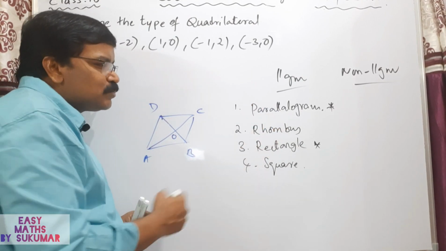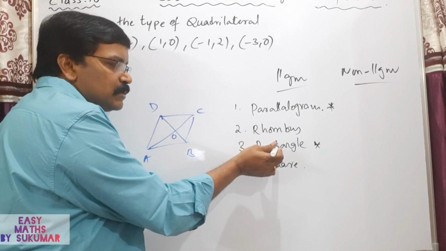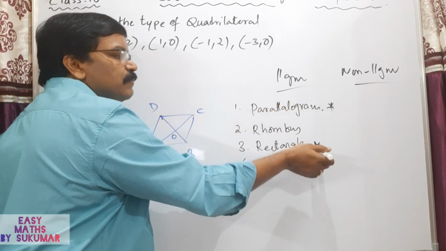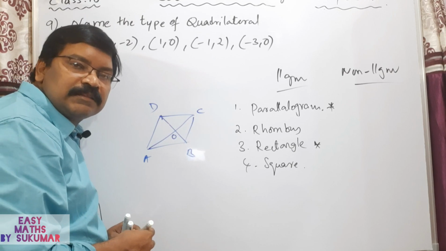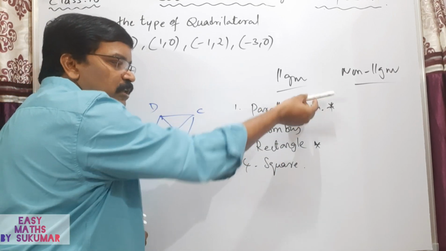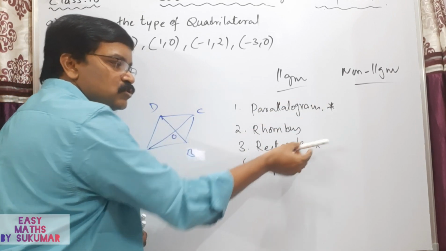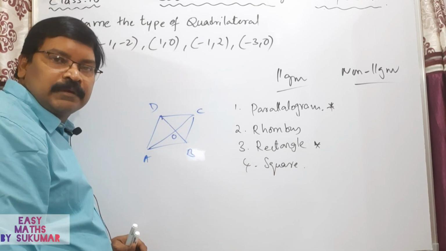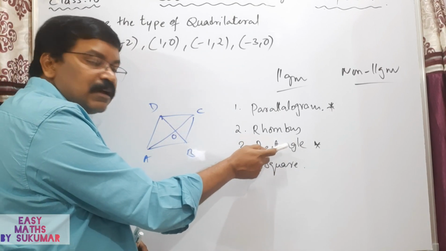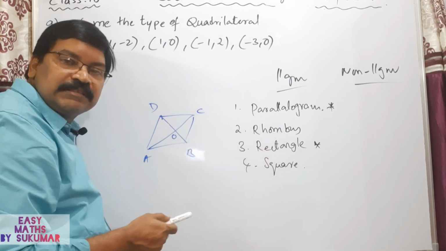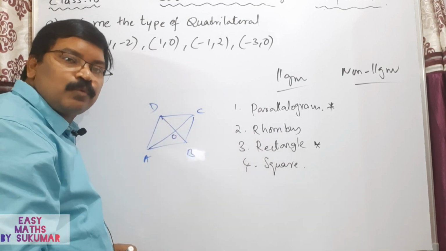So all these properties are the same even for rhombus, rectangle and square. But what is the difference between parallelogram and rectangle? Here opposite sides are equal, even in a rectangle opposite sides are equal. But the diagonals are equal in a rectangle.